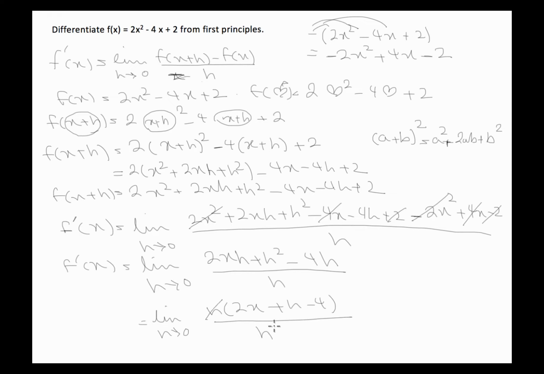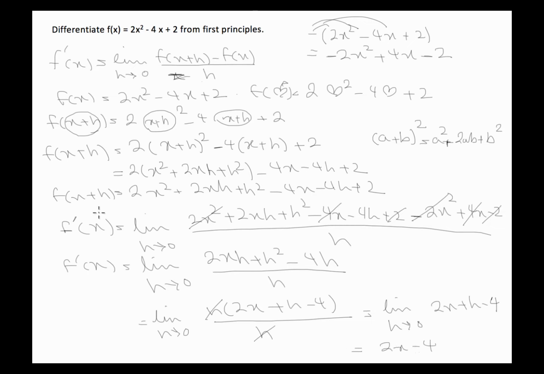Now this h can cancel out with that h, and so I will have the limit as h goes to 0 of 2x plus h minus 4. Now that I've simplified this as much as I can, I can substitute h equal to 0 into here. And that gives me the limit, which is going to be 2x minus 4.